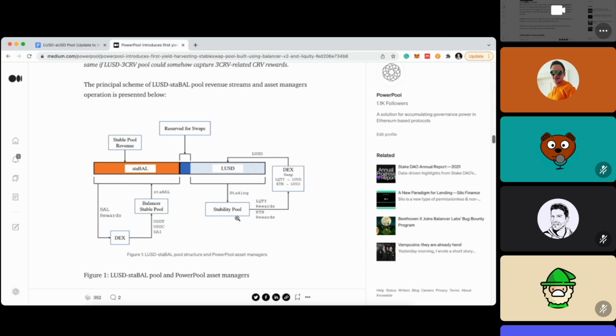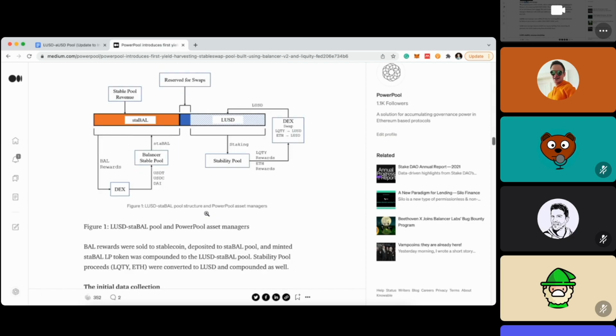We're staking LUSD in the stability pool, receiving liquidity rewards, receiving Ethereum rewards, converting all of this to LUSD and adding this LUSD to the pool. So this part of the pool also works as a vault. Basically, this product is 2 vaults inside an IMM. It is a vault that works as an IMM at the same time, benefiting the liquidity for LUSD, and at the same time benefiting the stability of the Liquity protocol by means of staking in the stability pool.